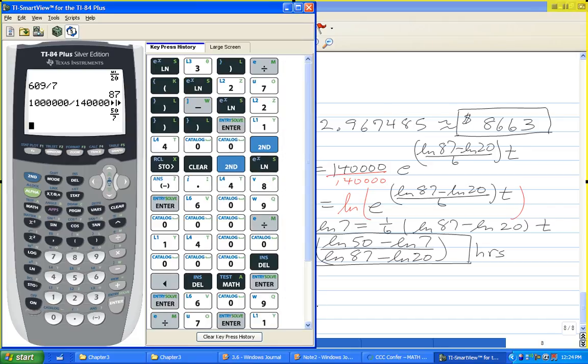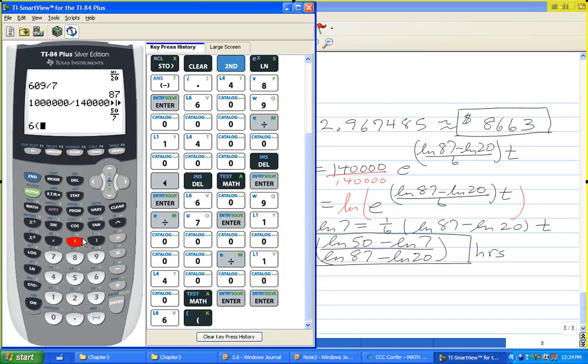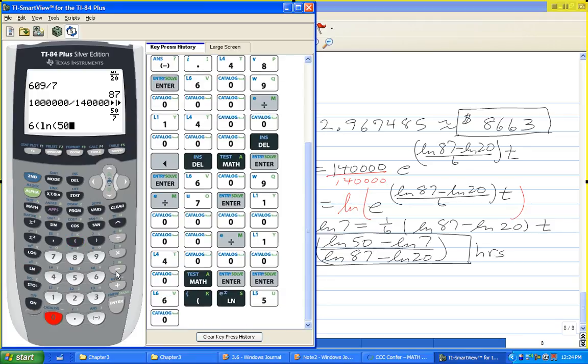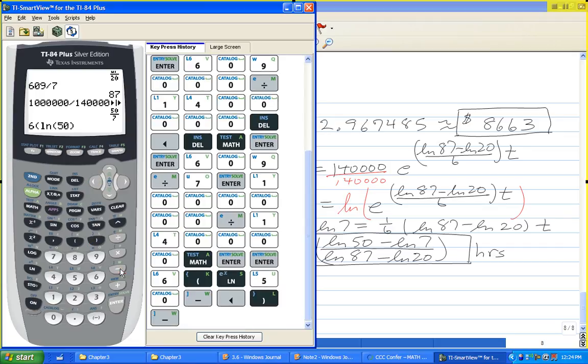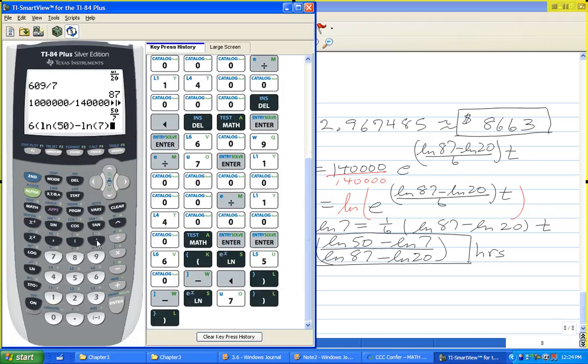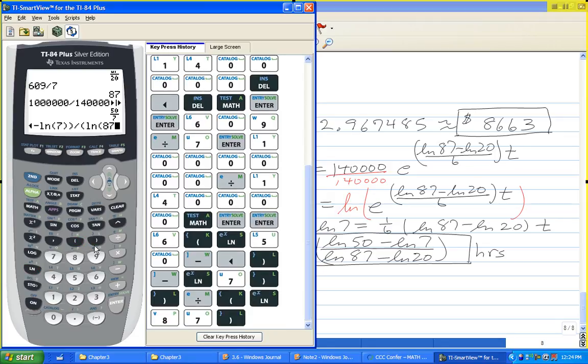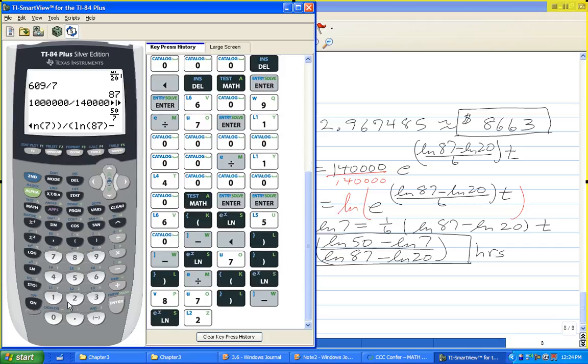Okay, so it's 6 times ln 50 minus, oops, that was almost a bad error, minus ln 7, divided by ln 87 minus ln 20.